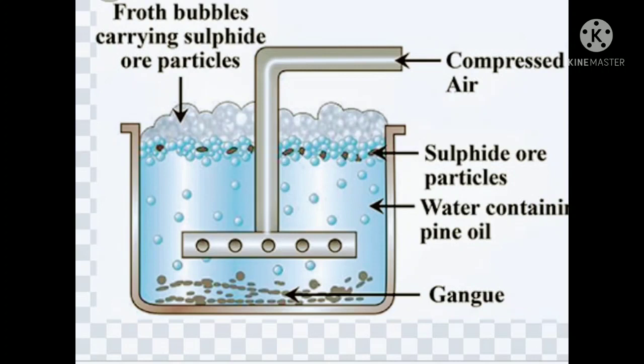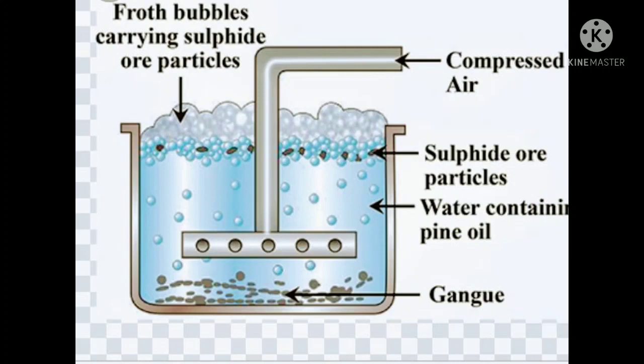Have you understood, students? Here mainly the difference is in the wettability of the ore with oil and the gangue with water. So what are the contents we are adding to the tank? The tank contains our desired ore with impurity, plus we are adding collectors like pine oil or fatty acids plus water.